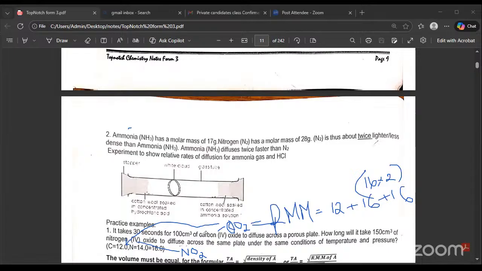When you write carbon dioxide like this, you cannot know the individual masses. And the answer here is 32 plus 12, that one is 44. So that is how we get the masses, the relative molecular masses.